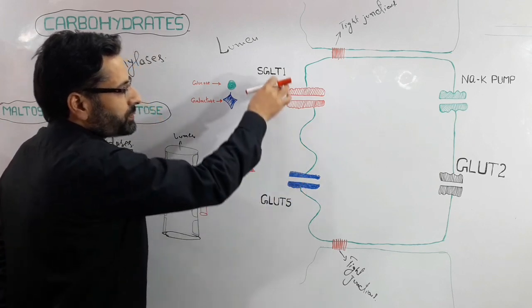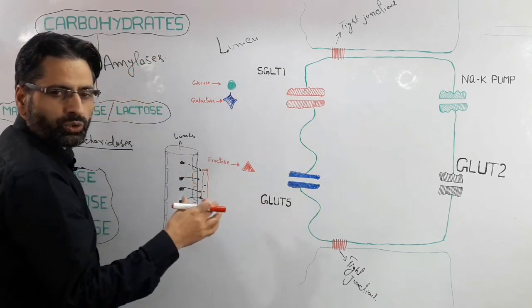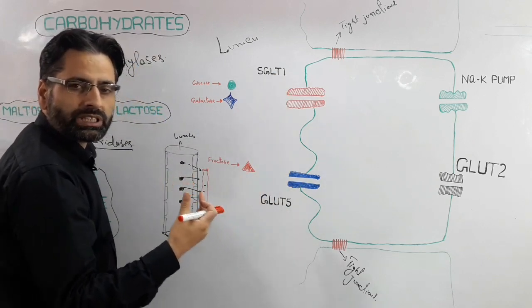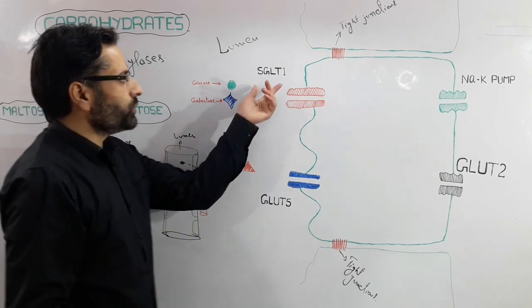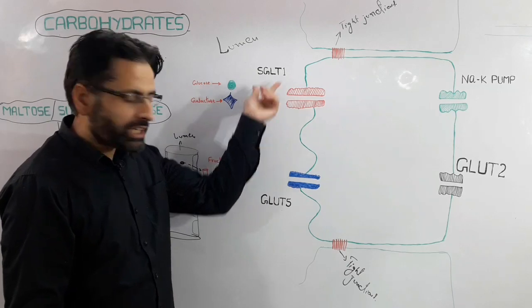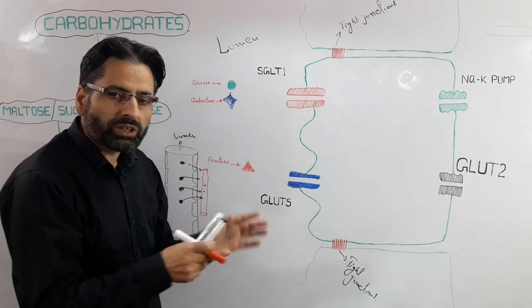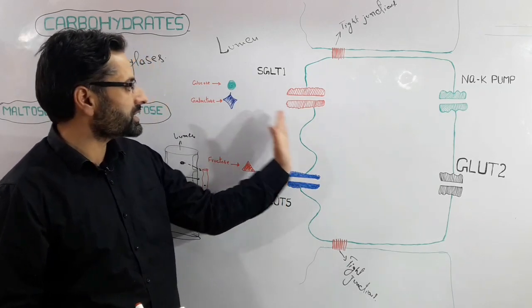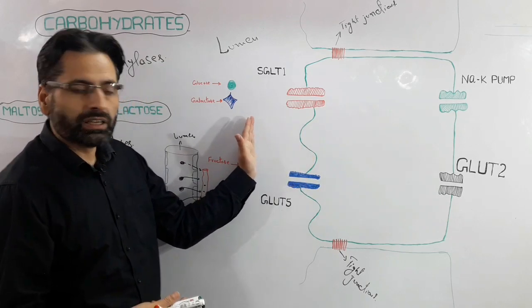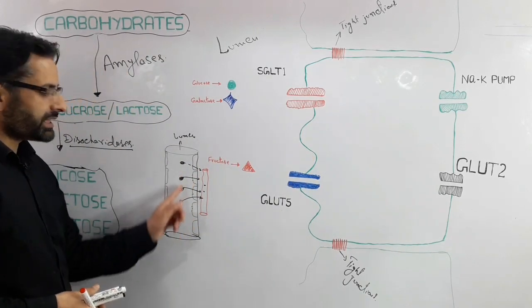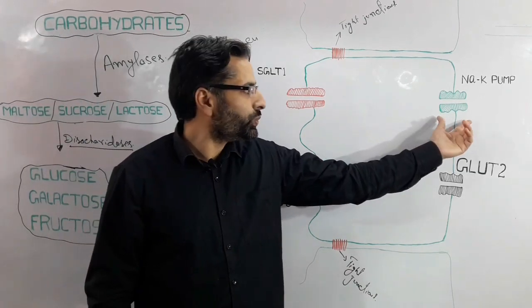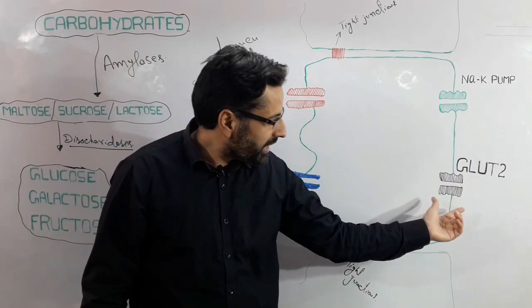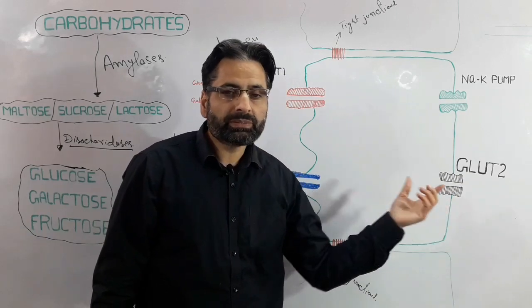These two transporters play very important role so far as the absorption of these carbohydrates is concerned. So you have to remember them. So you have to remember this sodium glucose transporter and glucose transporter 5, and you have to remember that these two transporters are present towards the luminal side of the intestine. And towards the basolateral side we have this sodium potassium pump, and then we have this glucose transporter type 2.